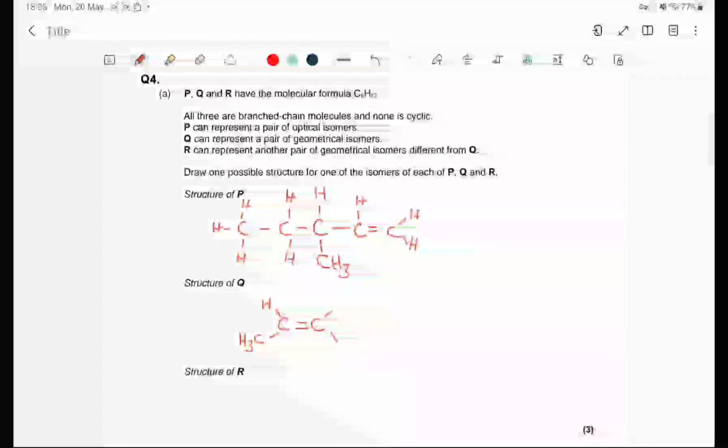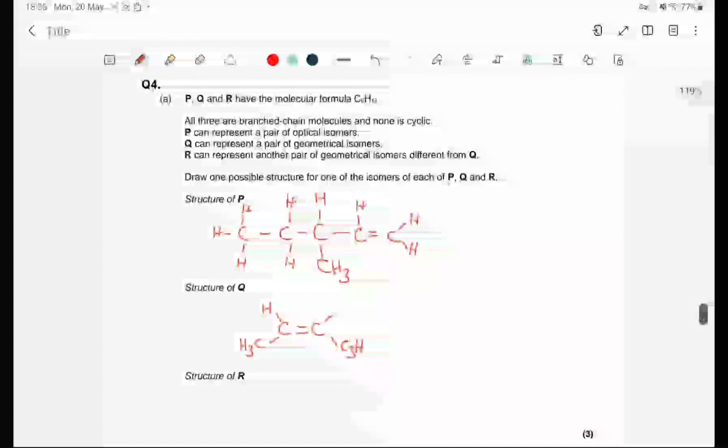It would be really tempting to have C3H7 here and a hydrogen here. Now that does have geometric isomers, but it's not branched. It has to be branched.